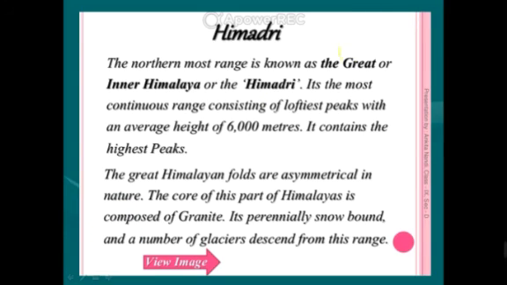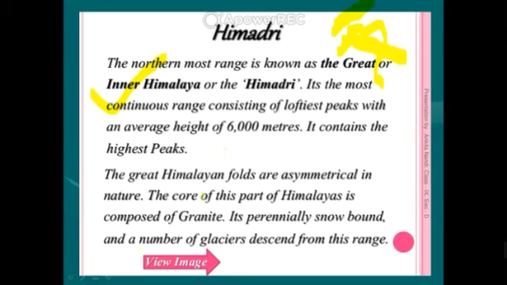Suppose this is India's Jammu Kashmir region, and this portion is called Trans Himalaya, and inside the Jammu Kashmir is located the Great Himalaya. The Great Himalaya is also called Himadri, and all the highest peaks are located in the Great Himalayas.